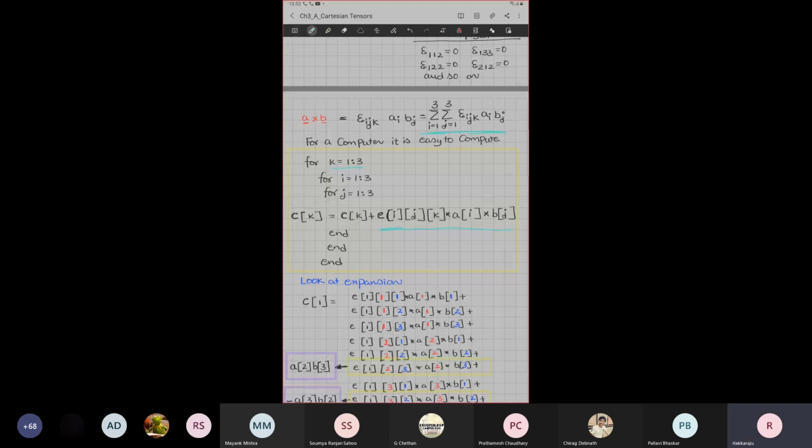If I give you A bar is equal to A1, A2, A3, A4, and so on, An. Similarly, I give you B bar is equal to B1, B2, B3, B4, and so on, Bn. Can you tell me A cross B by your standard procedure?